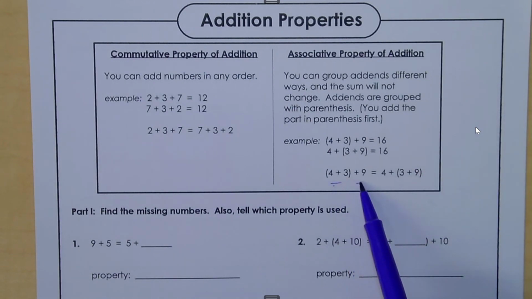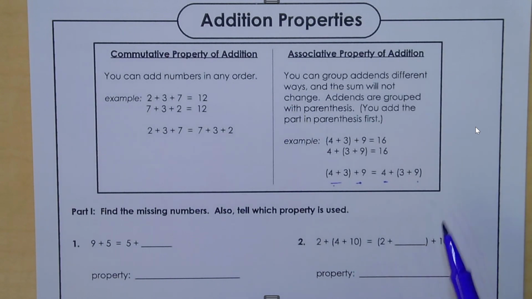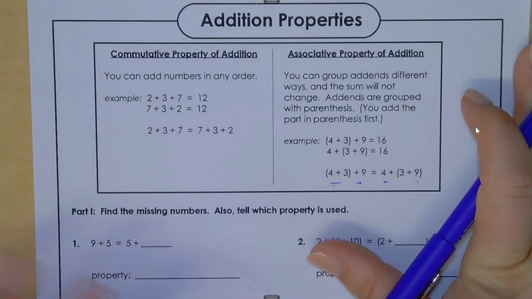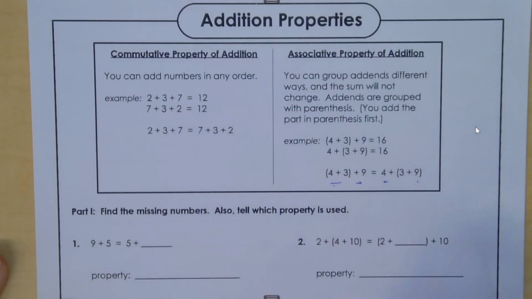Because this problem and this problem are equal or equivalent because they equal the same sum. The sum does not change if you move the parentheses or change how the numbers are grouped. When it's just all addition, it does not change. Okay, so now that we've gone over these, let's practice using them.